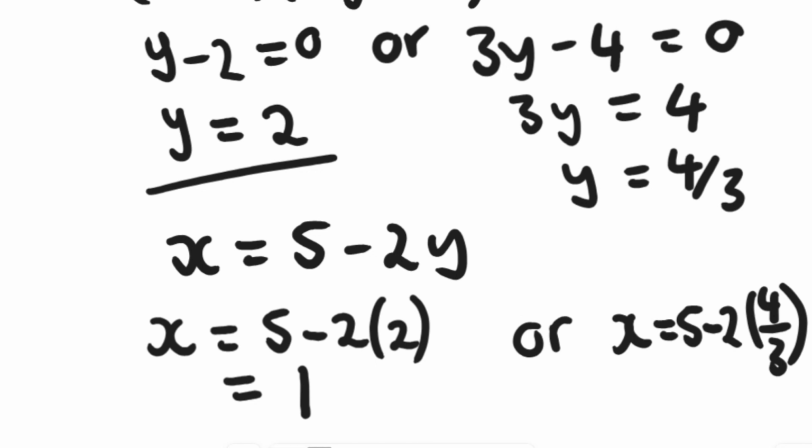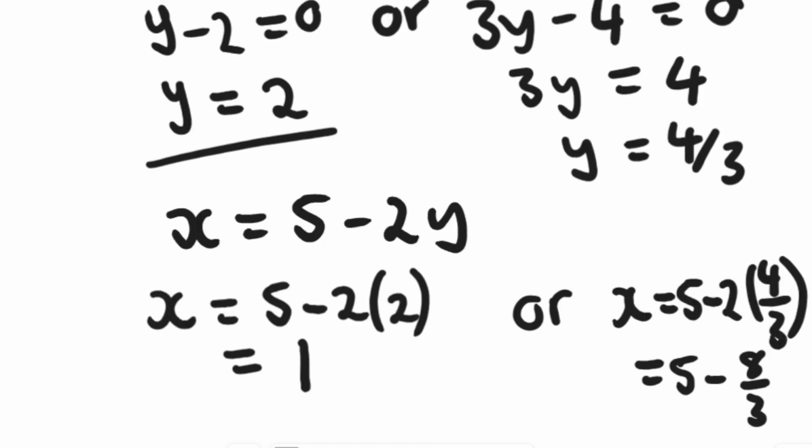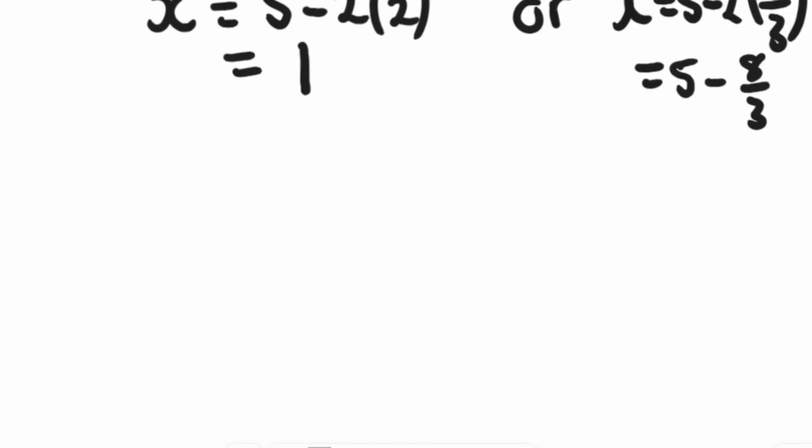And then from here we see the value of x is going to be 2 times 4 over 3, that is 8 over 3. So we minus 8 over 3 from 5. What we get is 5 minus 8 over 3. Write it as all over 3.